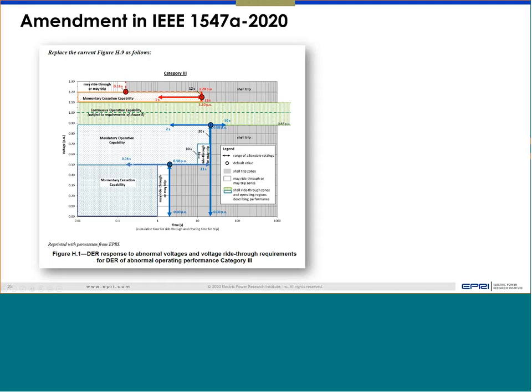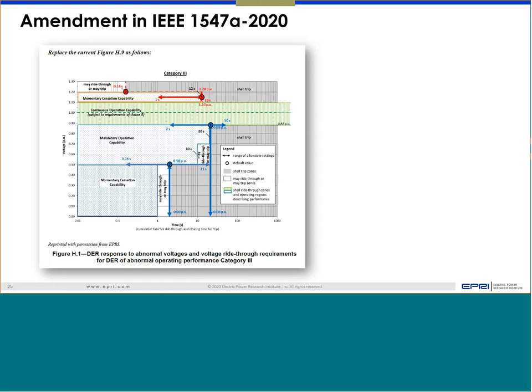So basically now any voltage which is below 50% and longer than 0.16 will fall into the gray area, which is shall trip. And effectively it will not ride through this part, because priority-wise, shall trip is higher priority than must stay connected or momentary cessation.